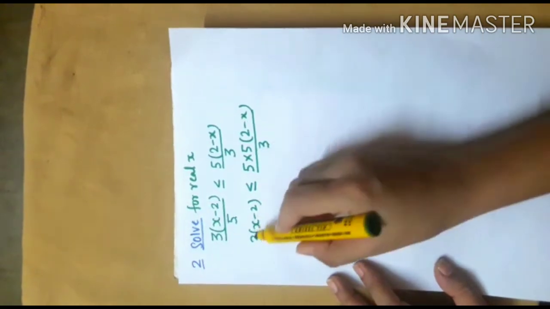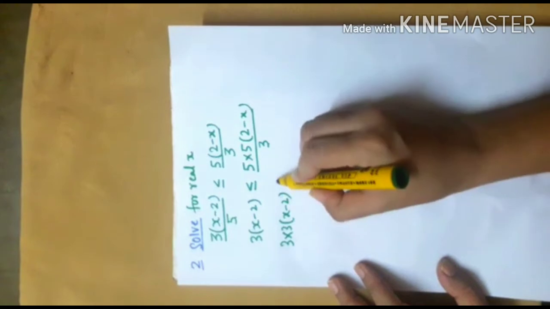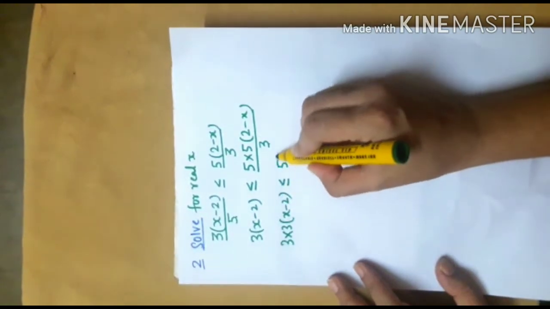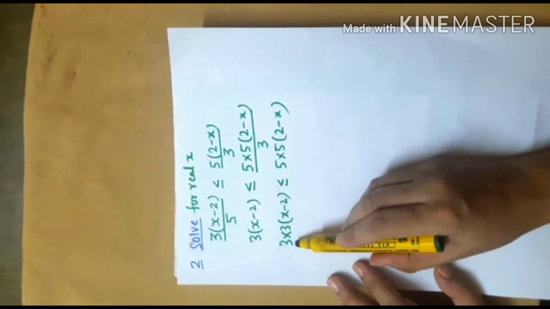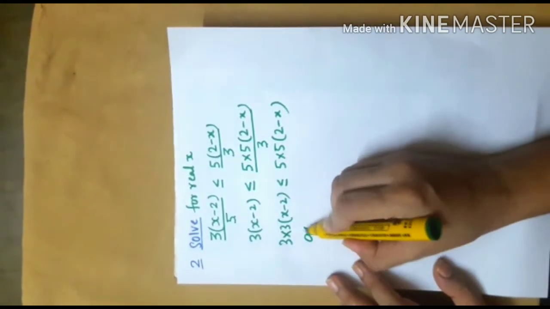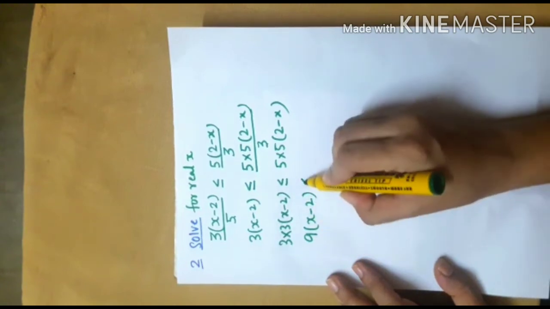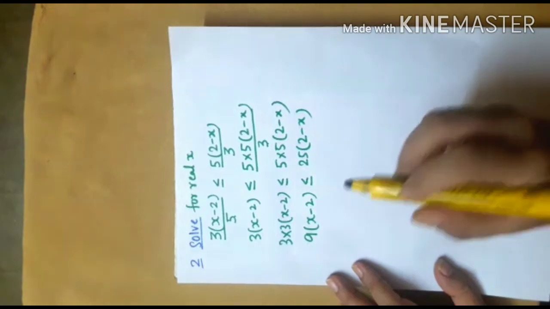Now I transpose this 3 to this side. Again I have multiplied by a positive number, the sign of inequality will not change. So it's 9 times (x minus 2) less than or equal to 25 times (2 minus x).